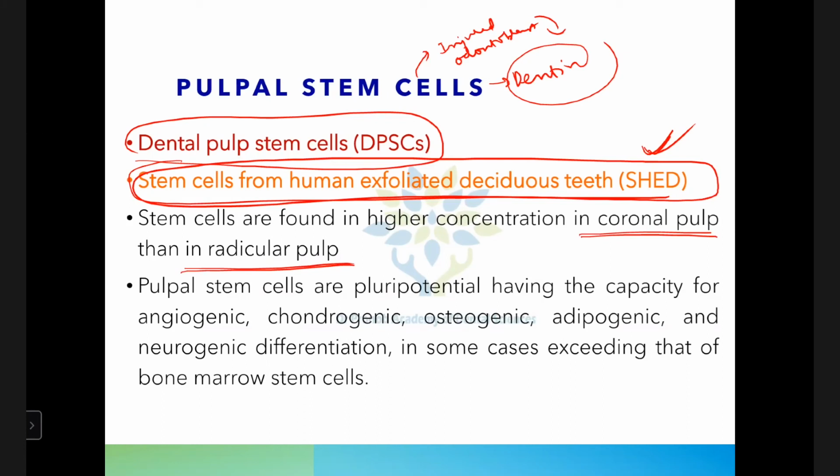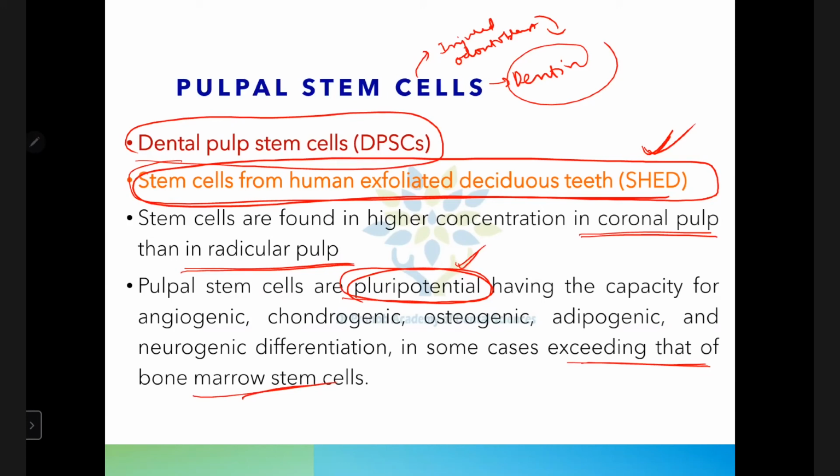These pulpal stem cells are pluripotential, and they have the capacity to form different structures. They are adipogenic, they are osteogenic. The pluripotential nature of the pulpal stem cells exceeds that of the bone marrow stem cells.